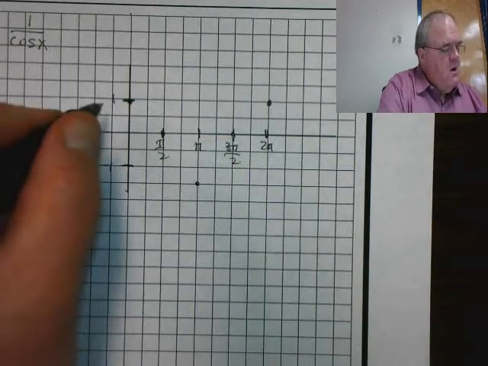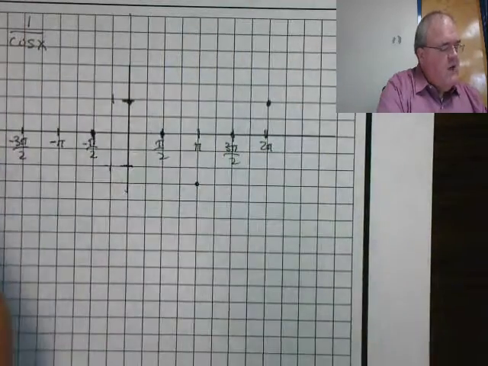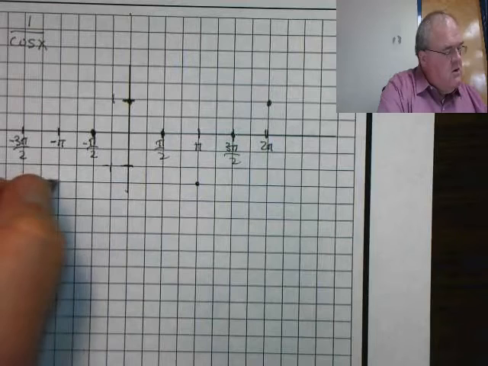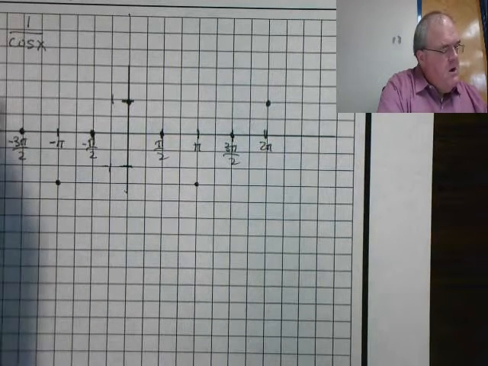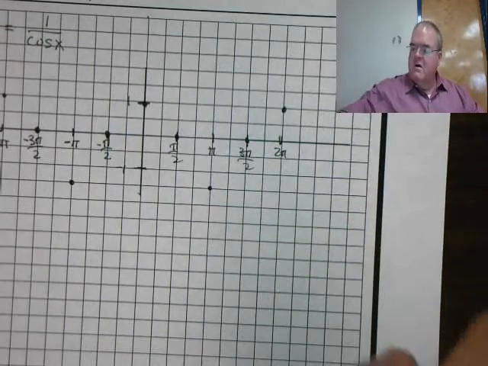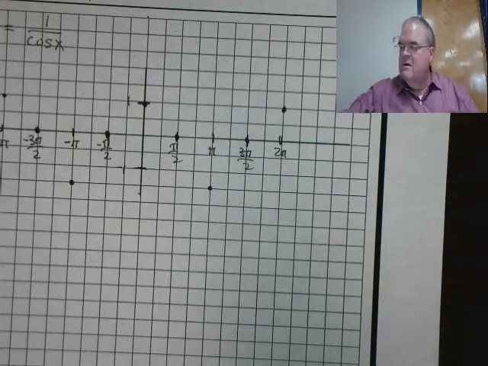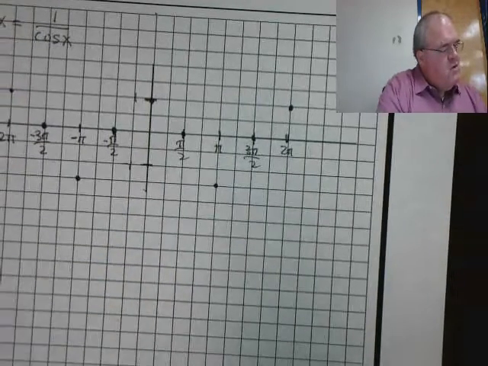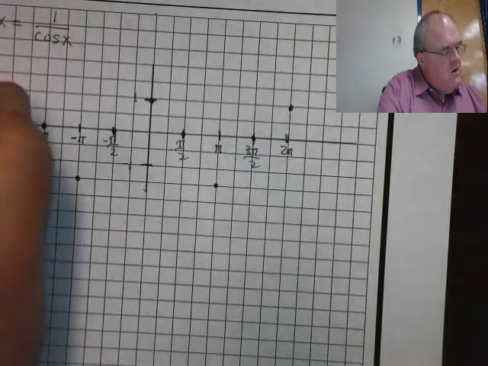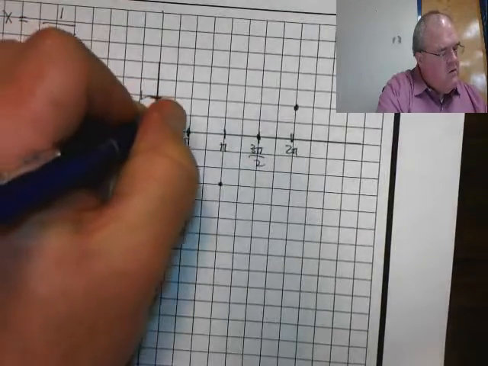All right? And then we're going to reflect this. So the blue curve is our cosine curve.